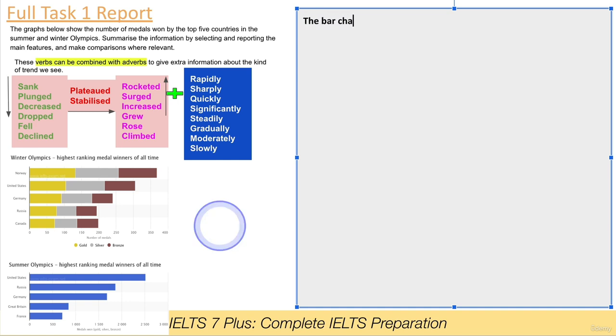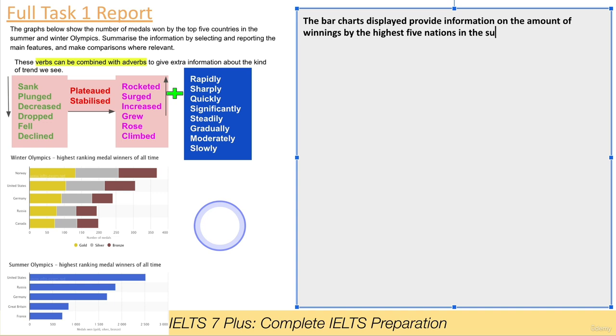So let's be more specific. We could say the bar charts displayed provide information on the amount of maybe medals, the amount of winnings by the highest 5 nations in the, again, summer and winter.